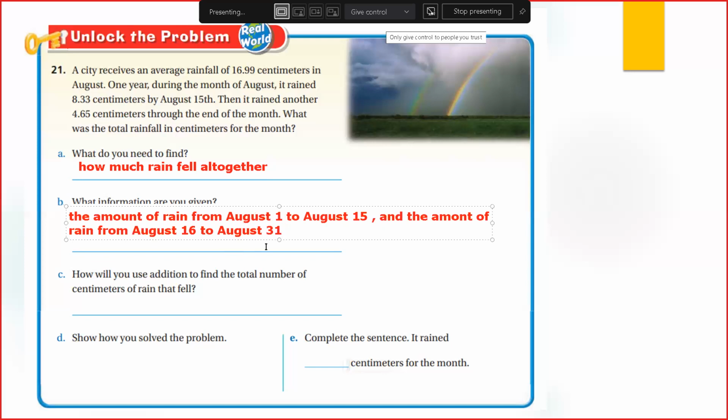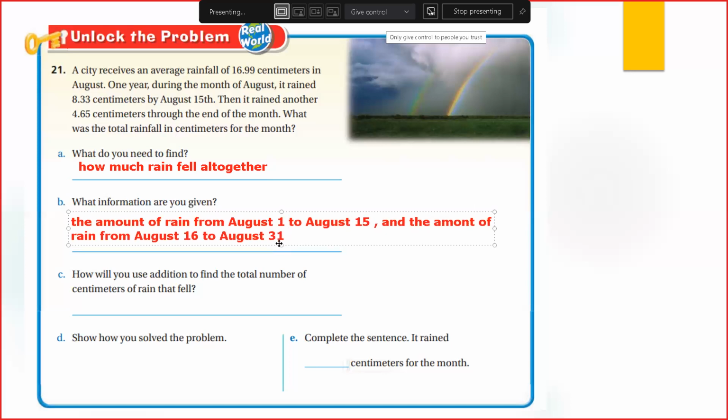Okay, this is the information I have. I have the amount of rain from August 1 to August 15 and from 16 to 31. Now then, how will you use the addition to find the total? Just you have to say that I will add the two amounts.